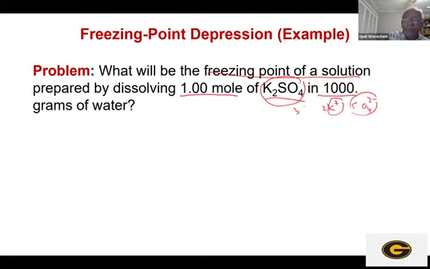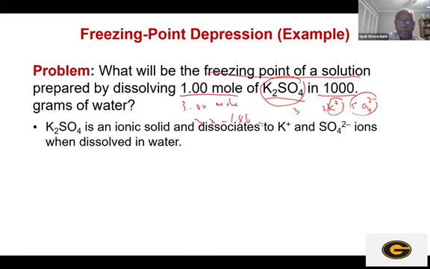Therefore, total number of particles is 1 multiplied by 3, which is 3 moles. Therefore, you have to multiply 3 by negative 1.86 to get the answer.